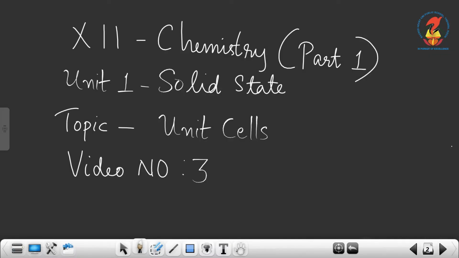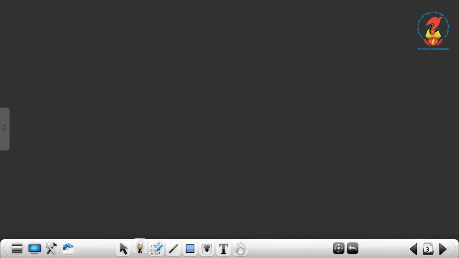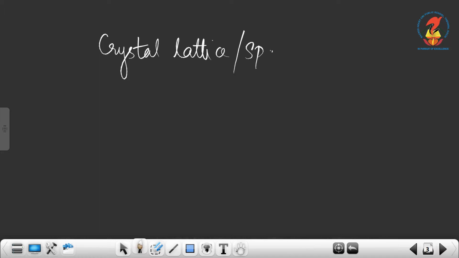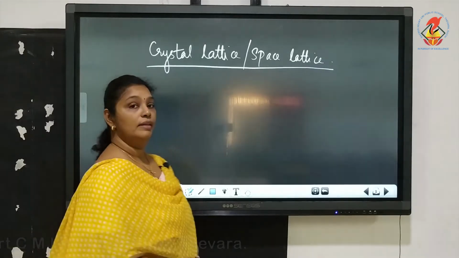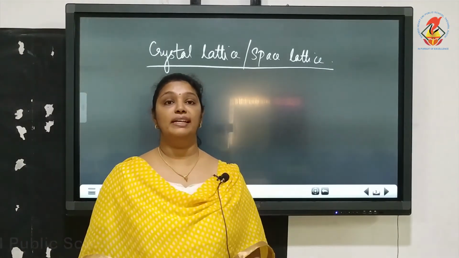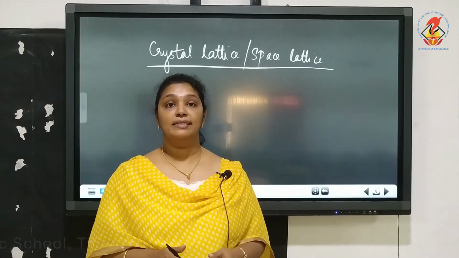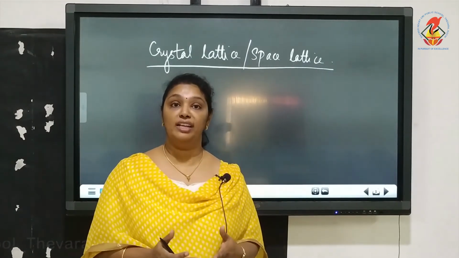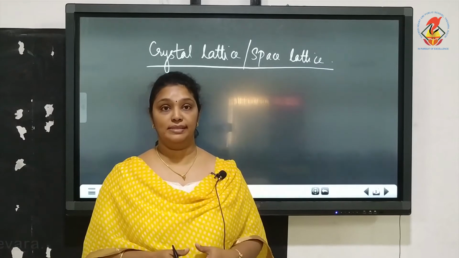We are going to discuss crystal lattice and unit cells. Crystal lattice, or the other name for crystal lattice, is space lattice. Now, we know that a crystalline solid has a definite geometrical arrangement of constituent particles.